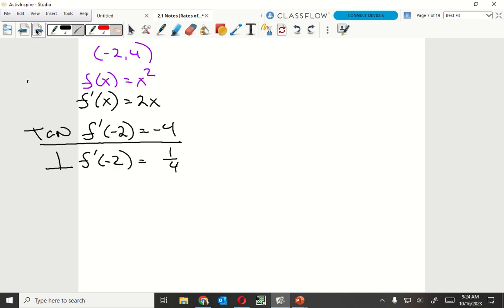Now! All right, so do we have the points? Yes, we do. This point right here is in my function, so it's touching my function, it's touching my tangent, and it's also touching my normal. So I'm going to use my slope, positive 1 over 4, and find the normal line.